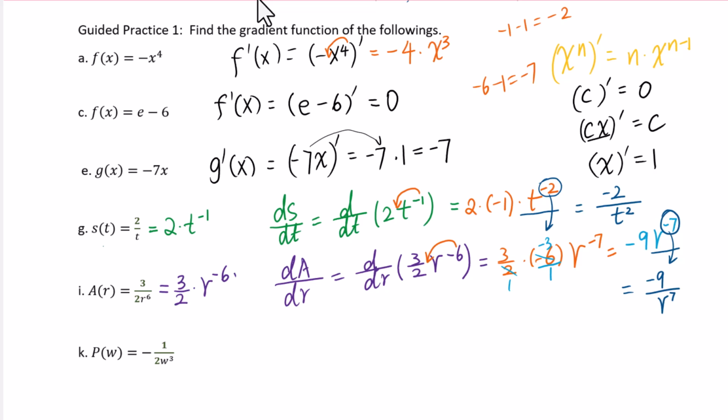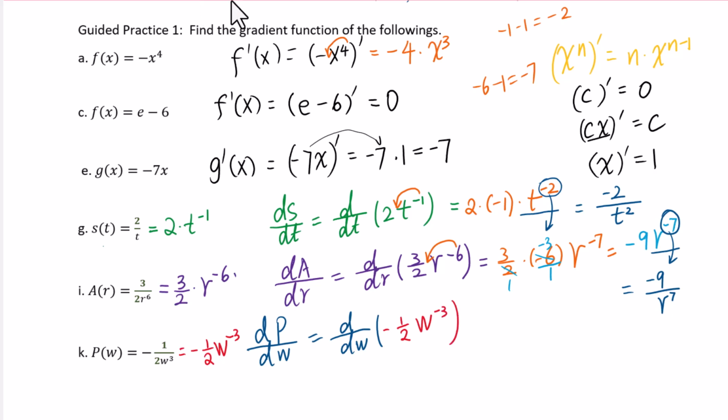Let's go to K. dp dw equals d dw of, we need to change this into single power form. Coefficient is negative 1 over 2, w to the power of negative 3, negative 1 half, w to the power of negative 3.